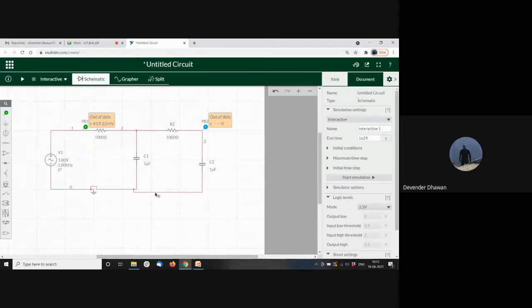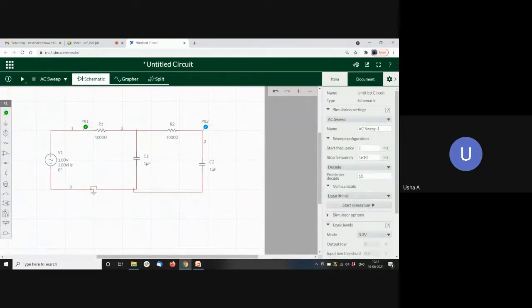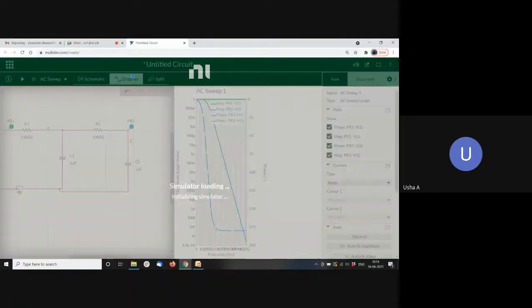This is also used to make that curve steep. We were seeing that after 0.7 volt the signal was attenuating slowly. In this case it will attenuate quickly. That is called roll off rate, sir. Exactly, ma'am.